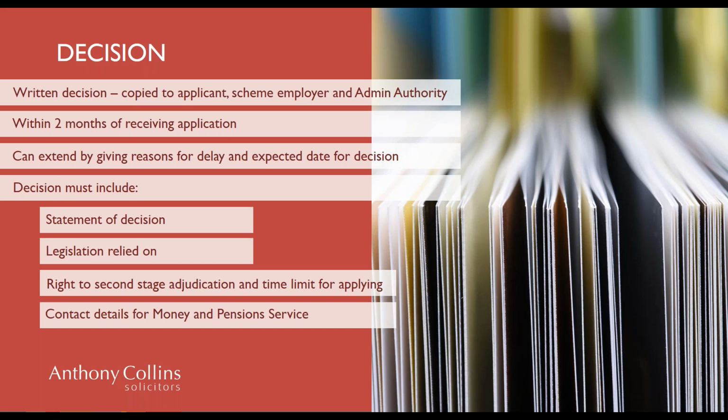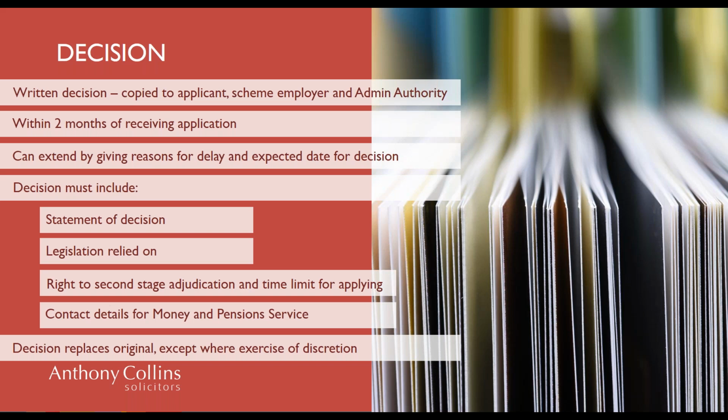Now, it's important to note that a decision of an adjudicator will, generally speaking, replace the original decision taken. There is an exception to that, and that is where there has been an exercise of a discretion. So let's say, for instance, an employer has decided not to exercise its discretion to pay for additional pension for a member.